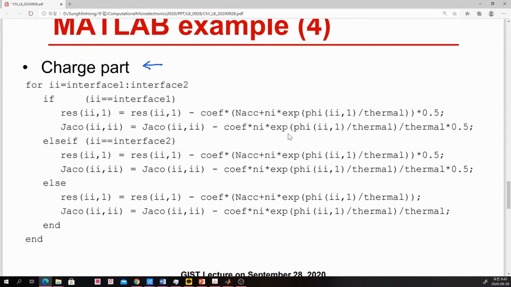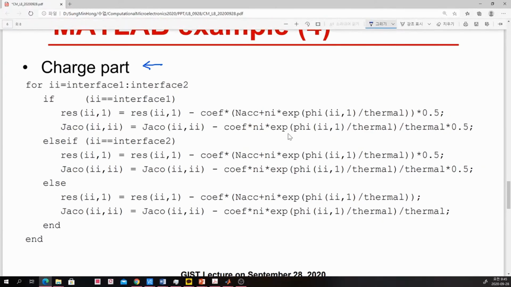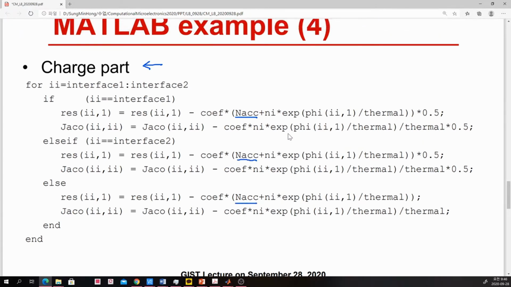Previously we had only the term related to acceptor density, and that does not contribute any further component to the Jacobian matrix, because this is just a constant, and when we take the partial derivative with respect to any of phi, that vanishes. So no contribution to the Jacobian matrix.